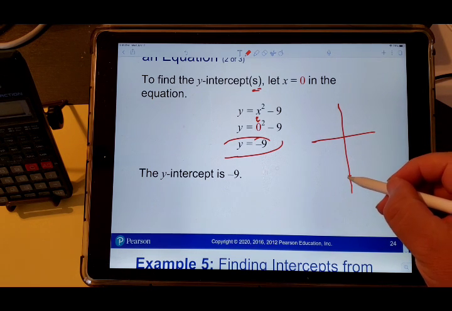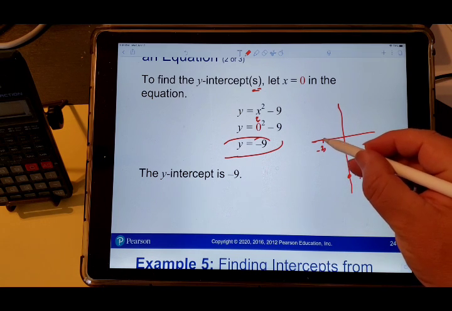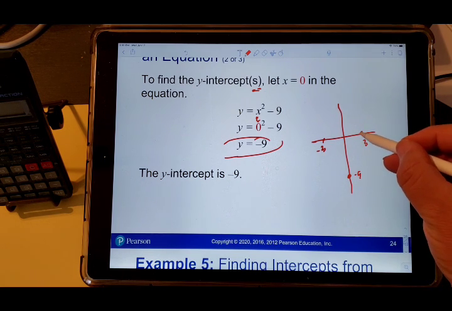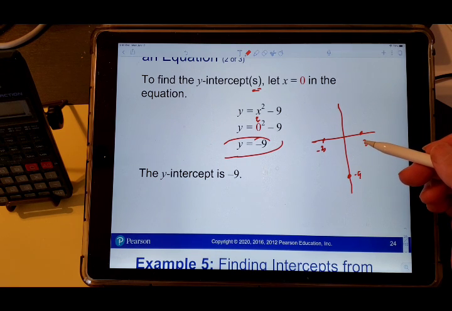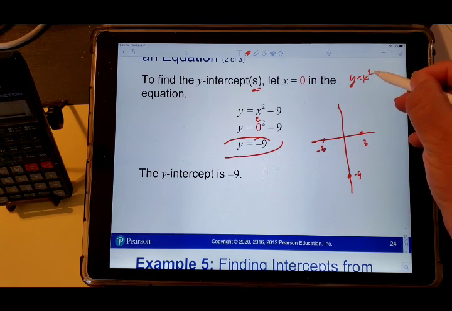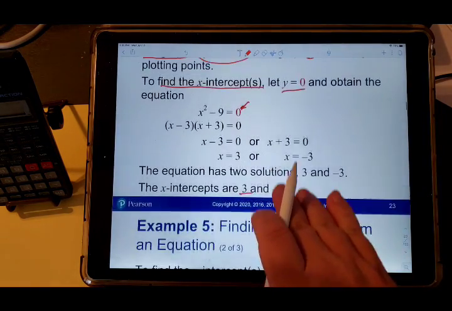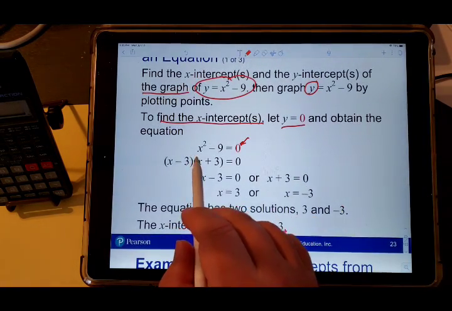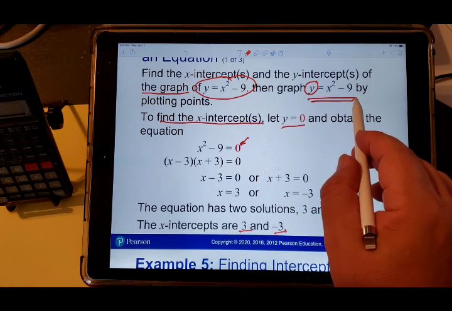So understand, we know a lot about this graph already. We know that here at -9, there's a y-intercept. At -3 and at +3, there are x-intercepts. And hopefully, we know the shape of the base graph, y equals x squared, because remember how this problem started. It was y equals x squared minus 9. Let's look at it here. Y equals x squared minus 9.